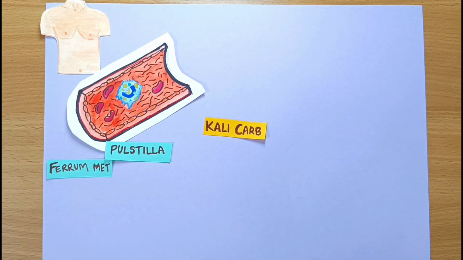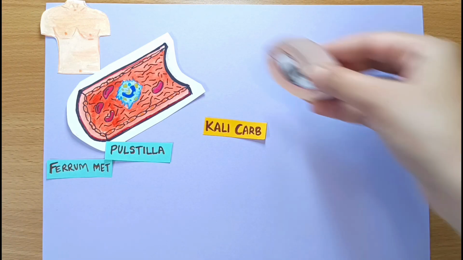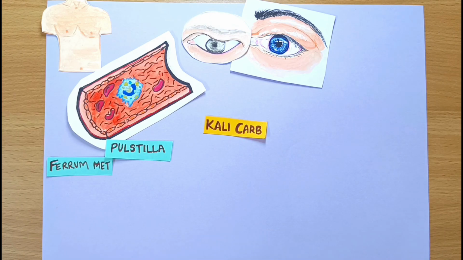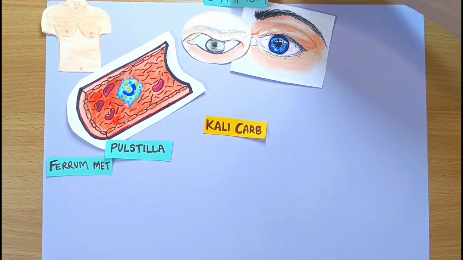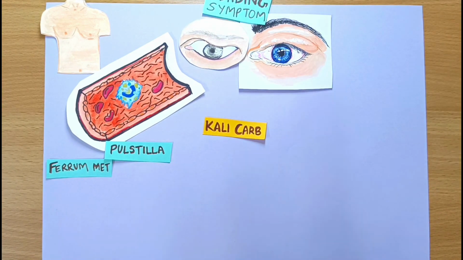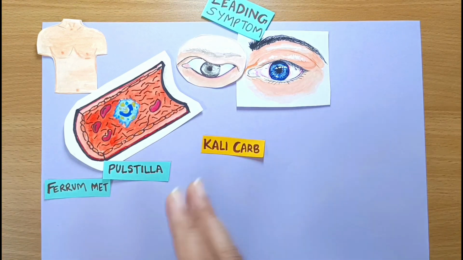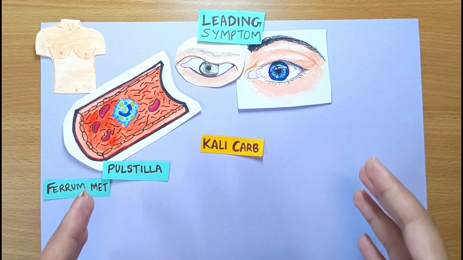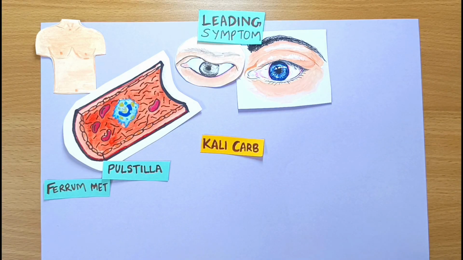Okay, so we see Dr. Nash mentions that dropsy or baggy swelling, especially baggy swelling of the eyes, is a very important symptom. Again, another leading symptom of this remedy that you can find with anemia. So whenever there is anemia, you most of the times also find the baggy swelling of eyes, and then you have to think of Kali Carb.